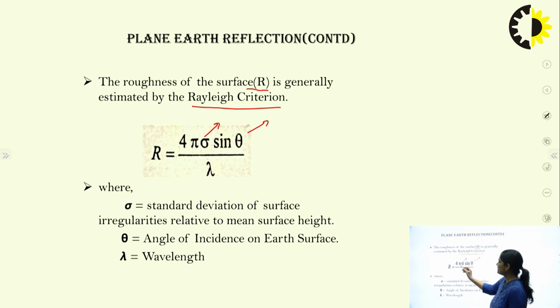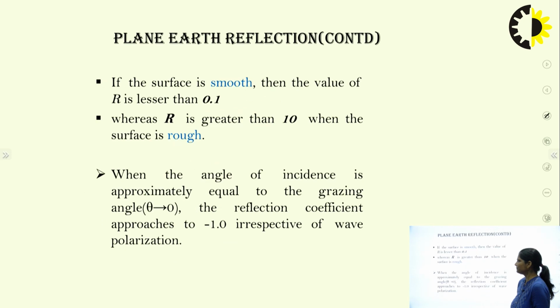So, this is the relation between R and sigma, theta and lambda: R = 4πσ sinθ / λ. This is the roughness of the surface. If the surface is smooth, then the value of R is less than 0.1. If R is greater than 10, then the surface is rough.